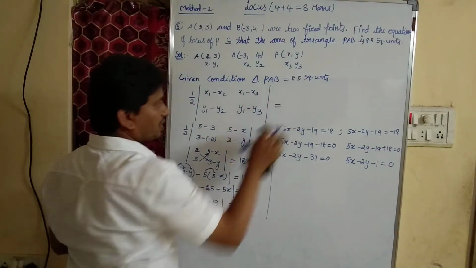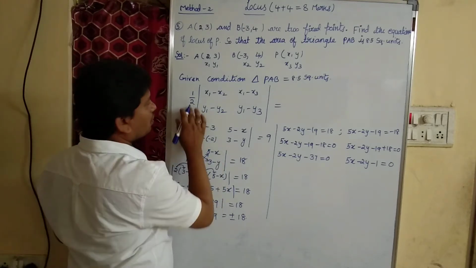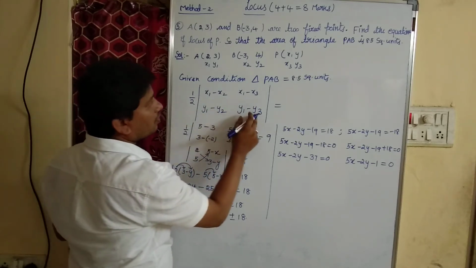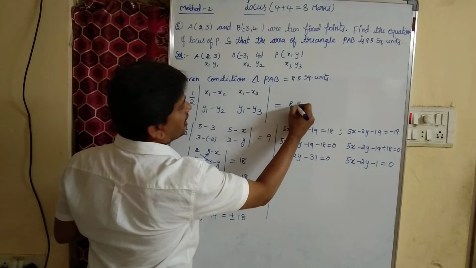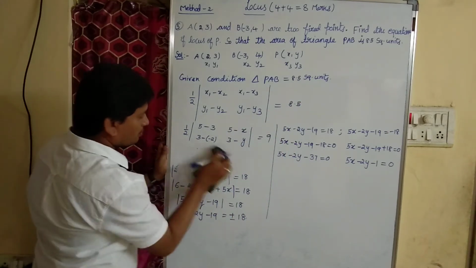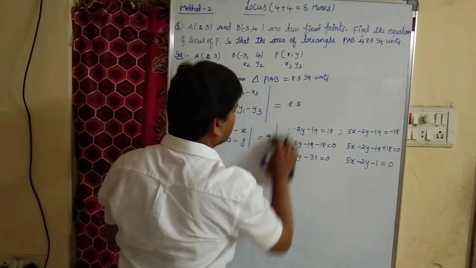Okay. So what is the formula? Area of triangle PAB is half into x1 minus x2, x1 minus x3, y1 minus y2, y1 minus y3, which is given 8.5. Right? So let us substitute the values now.